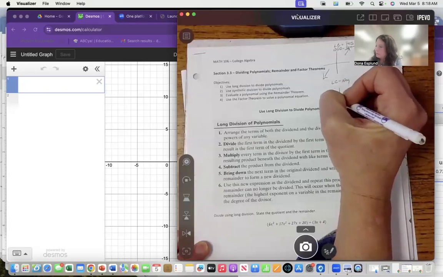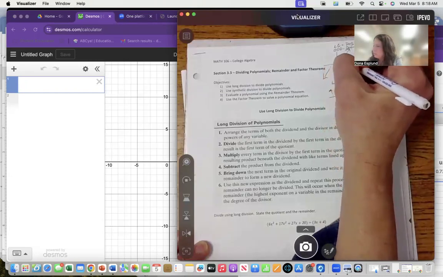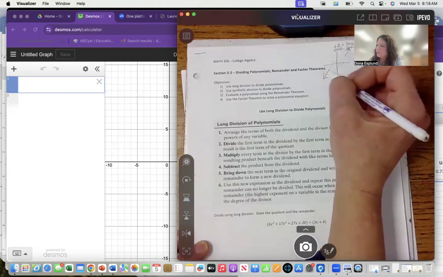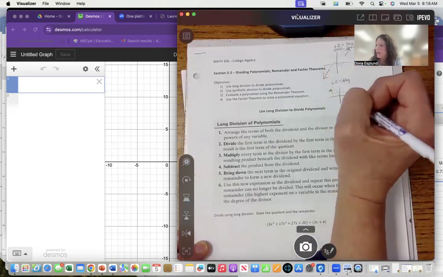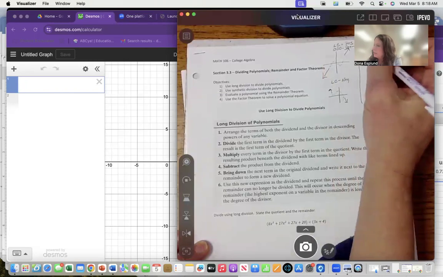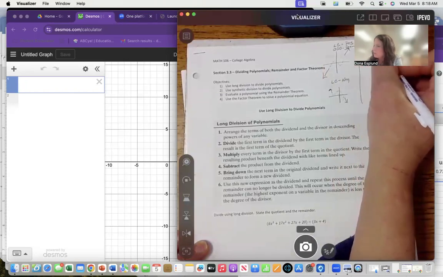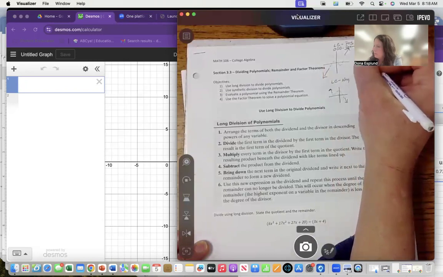All of the stuff in between, I'm just going to put some dots in here because they're all going to be connected. Right now, just the end behavior is going to tell you what happens on every end. When I have an even function, if the leading coefficient is positive, then my end behavior is always going to go up on both sides.